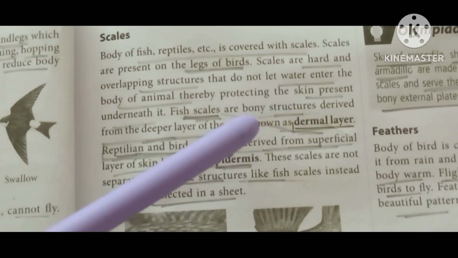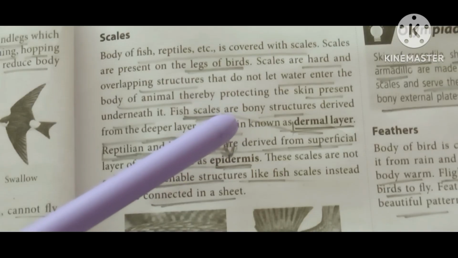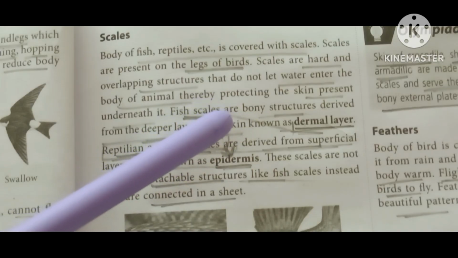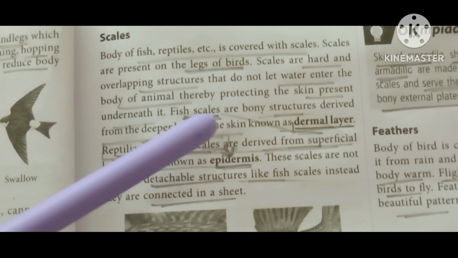They are just overlapped together to protect the organs inside the fish, so they can be removed easily.